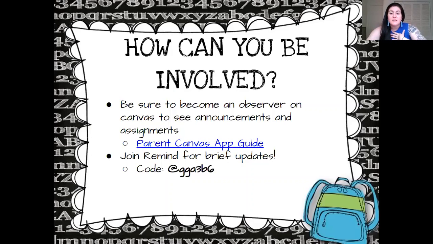The other thing, and this is specific to my class, is joining my Remind 101. There is an app for it, or it comes to your email. However you want to sign up for it is fine. It's just Remind 101, and I believe it's remind101.com, so you should be able to find it pretty easily, or just Google it. And this is my class code.